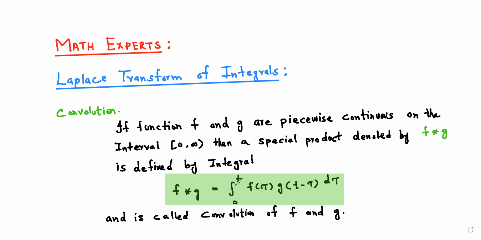One important thing to mention here is that f star g is equal to g star f, which means that convolution holds the commutative law.